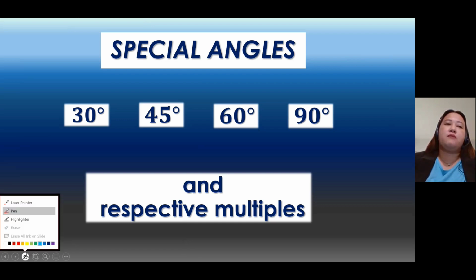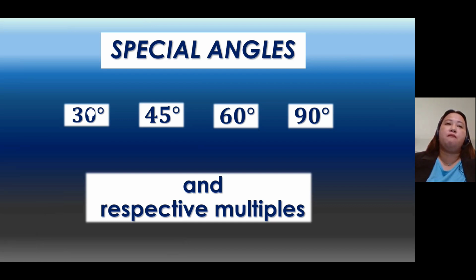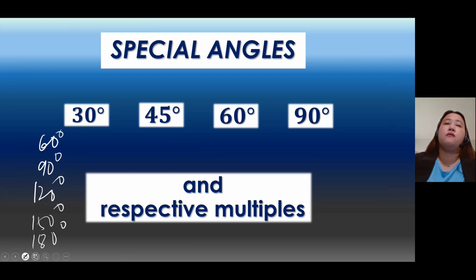When we say respective multiples, for example, since 30 degrees is a special angle, its multiples are 60, 90 degrees, 120 degrees, 150 degrees, 180 degrees, and so on and so forth. The same also applies for 45, 60, 90 degrees. These are special angles. Next.